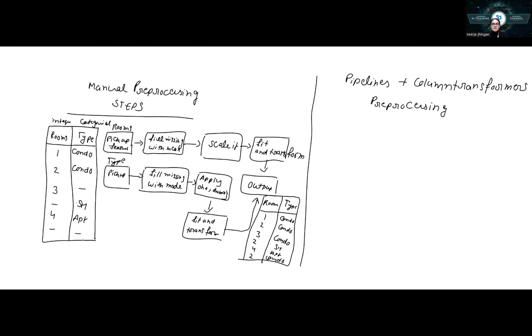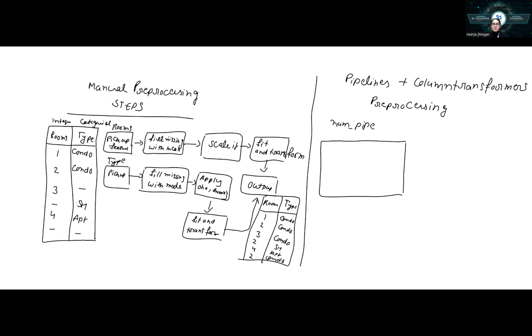So look at this. If you have a numerical column, you will make the num pipe. We will name it num pipe. It can be any name. Okay, it depends on you. So here you are making the num pipe. So how many steps were you doing here? You will put all these steps inside this box, this pipeline.